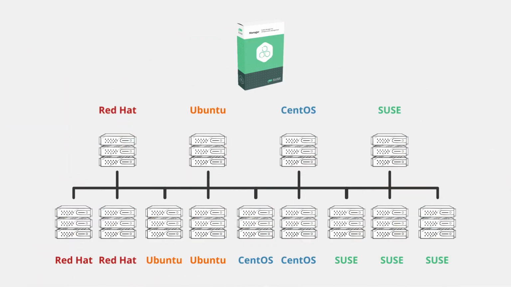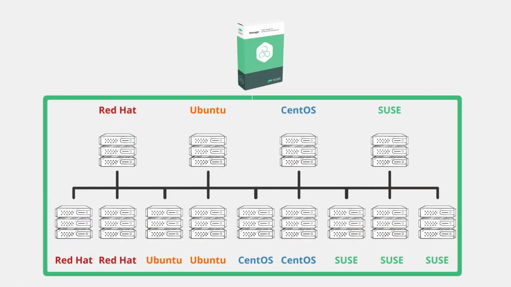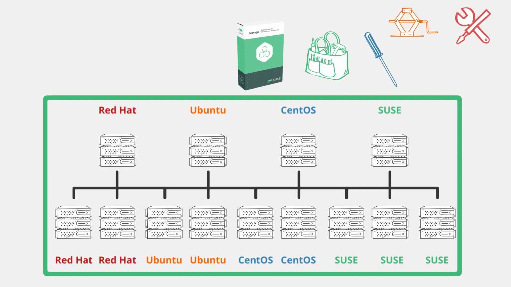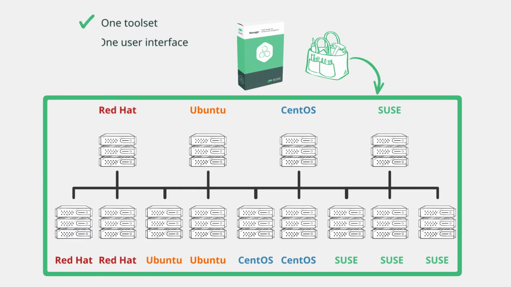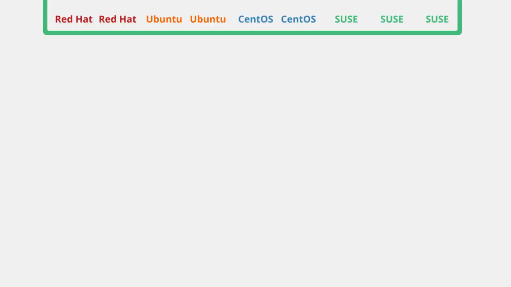By providing a Linux management suite that can see and maintain all of your Linux distributions, not just one of them, SUSE Manager consolidates all of the many different distribution-specific tools down to one suite that can manage everything. One tool set, one user interface, one set of terms to learn, and one skill set are all that's required to manage your entire Linux estate. That's how you simplify Linux IT management.